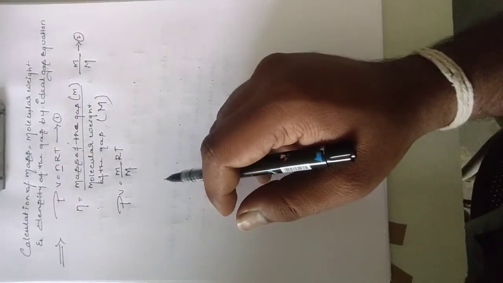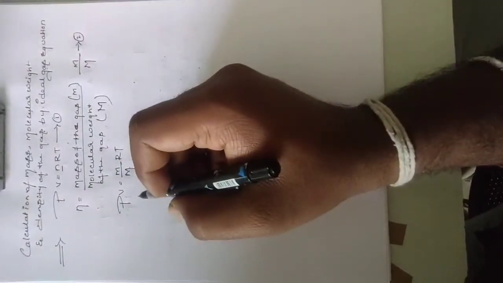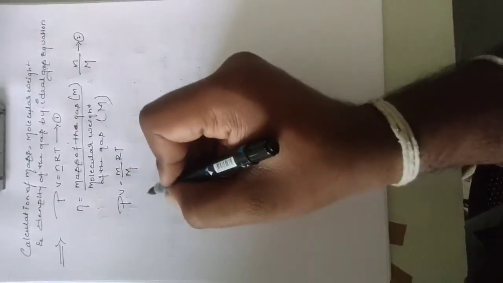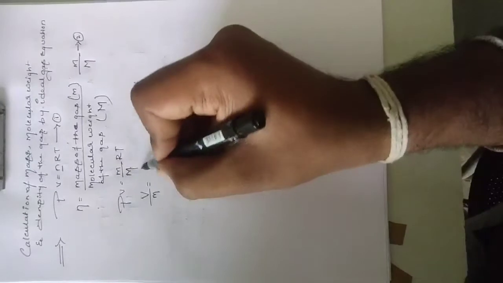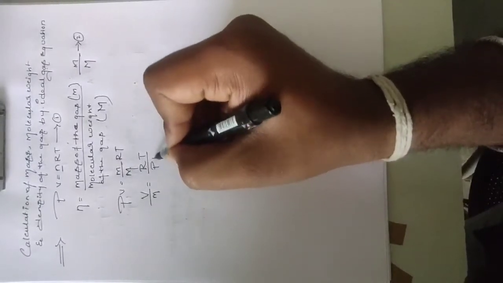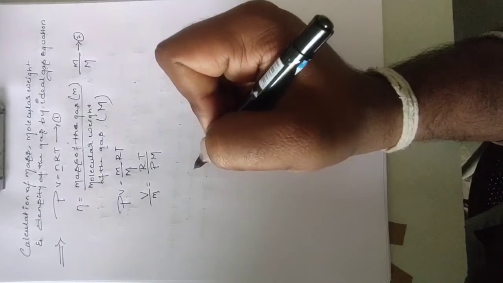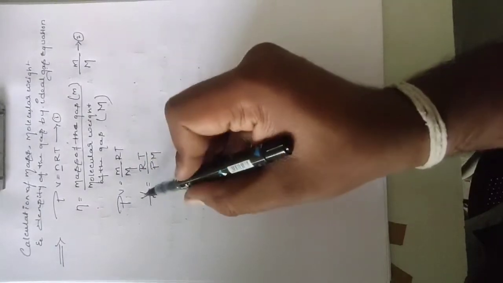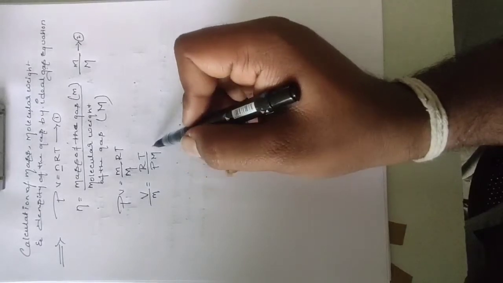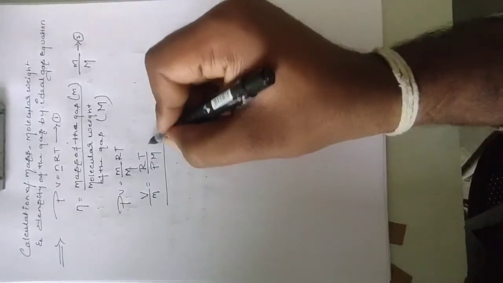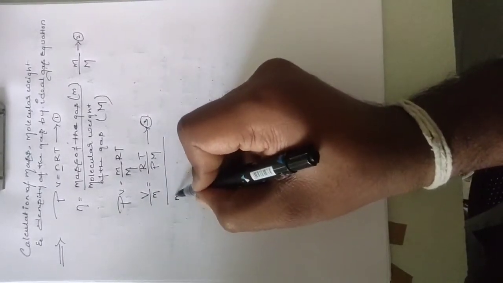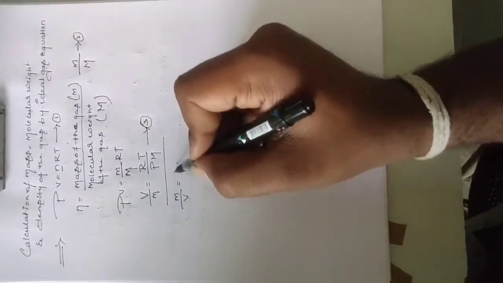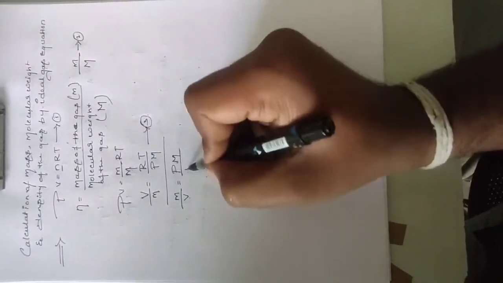Then we rearrange: V by m equals RT by PM. If we rearrange equation number 3, we get m by V equals PM by RT.